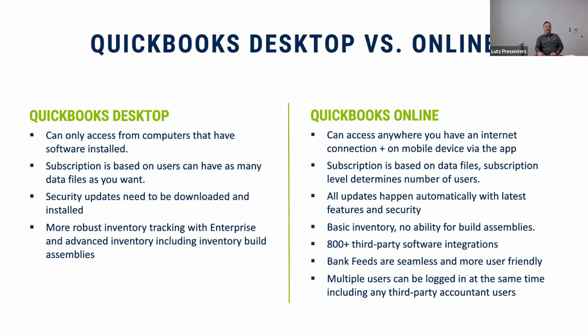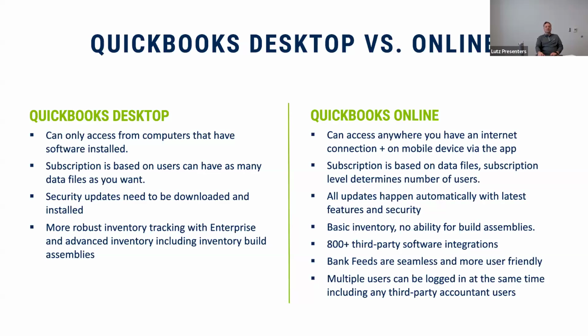With QuickBooks Online, you can access it anywhere you have an internet connection, and on mobile devices via the app. So you don't need to be tied to an office or use some sort of VPN into your office computer.